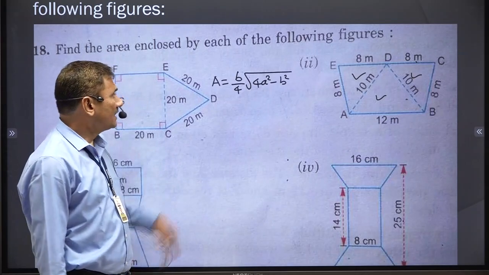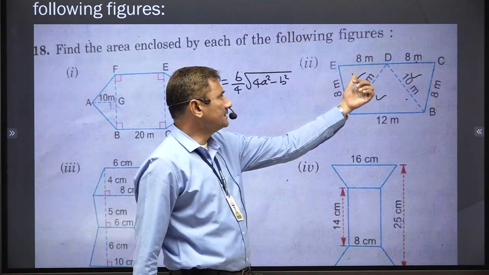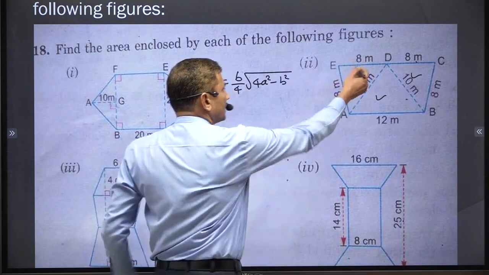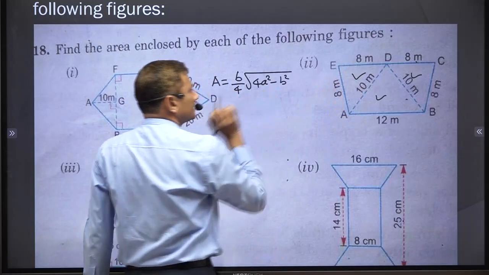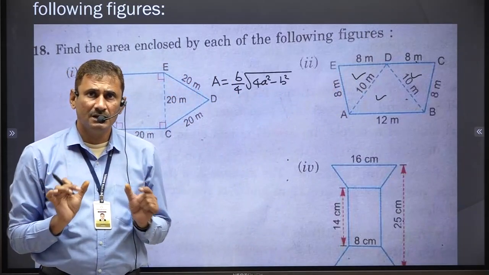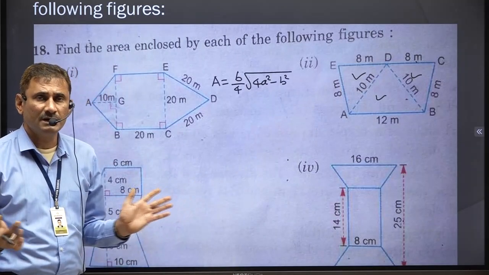What is A? A means the repeating side, the equal side. Suppose I want to find this triangle's area, then A is 8 and B is 10. So A means the repeating side, or each of the equal sides. B is the third side, which is unequal, separate.